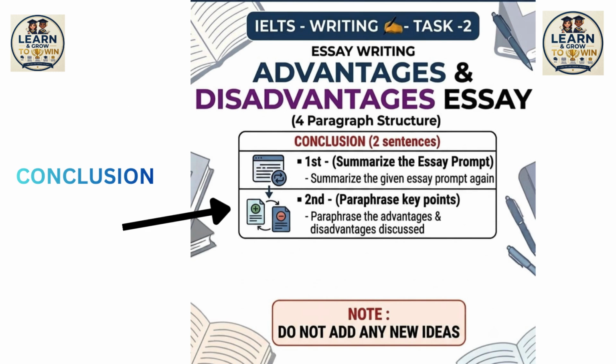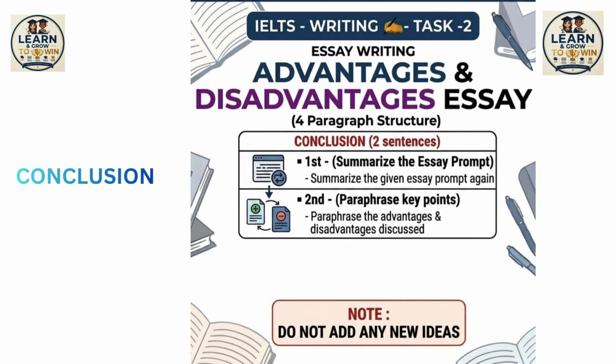Next, in the second sentence, you can paraphrase all the advantages and disadvantages that you have mentioned in your body paragraphs. Likewise, you can simply develop a good and coherent conclusion in your essay.